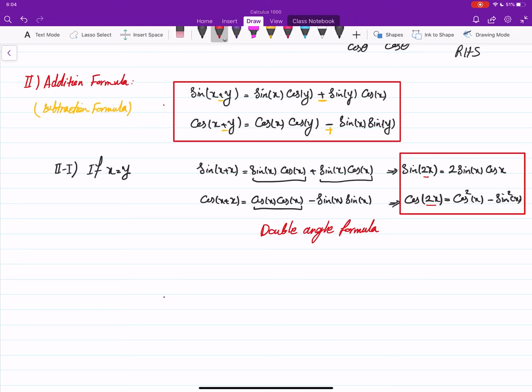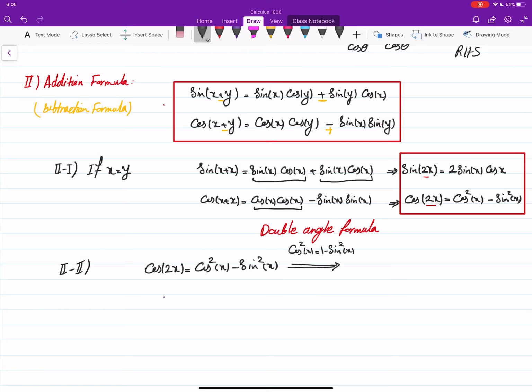Well, let's take the second double angle formula. Cosine 2x is equal to cosine squared x minus sine squared x. We can easily do some work, since we know from the first identity that cosine squared x is 1 minus sine squared x.